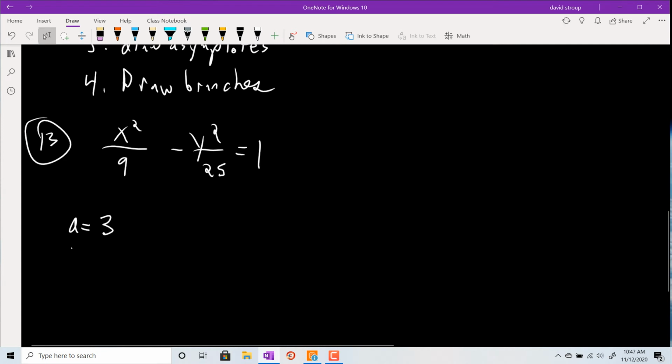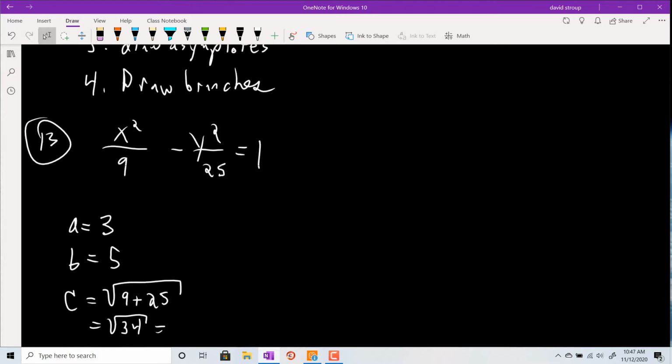So A here is 3. B is 5, and then our C value is the square root of 9 plus 25, which is the square root of 34, which is about 5.83. Right, so let's go over and now plot these points.